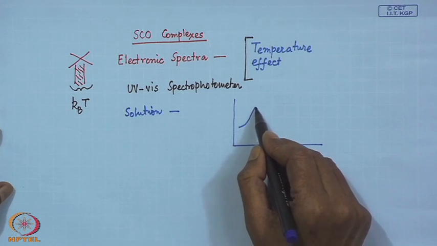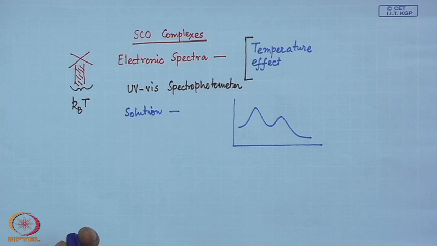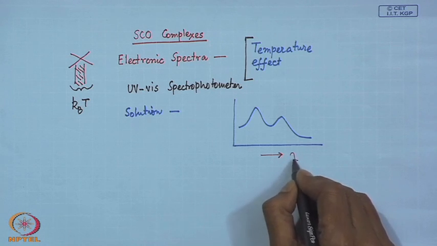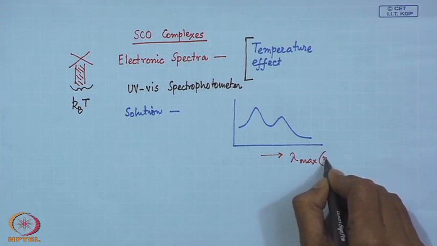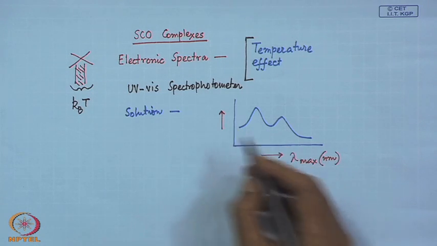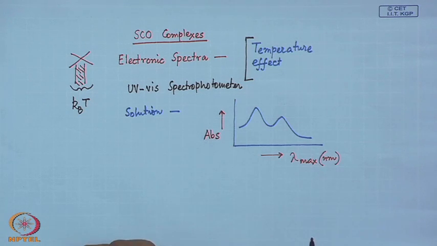Whatever we are observing, some bands, we plot against the corresponding lambda max values, which are recorded in nanometer, and on the other axis we record the absorbance.